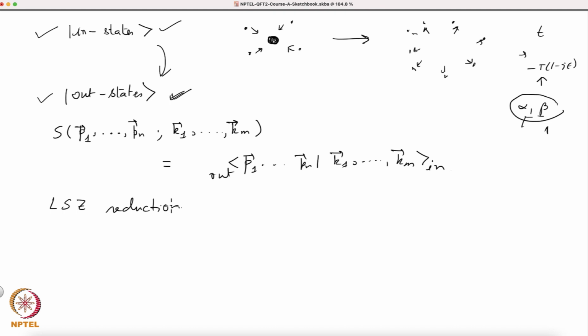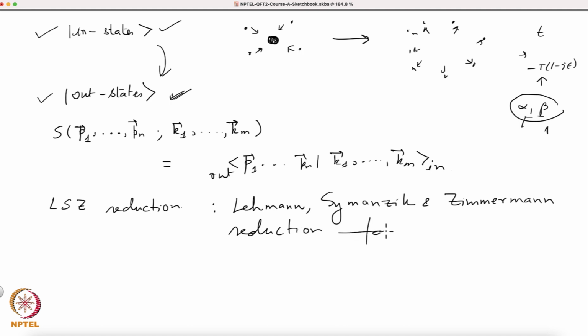I hope I am not making a mistake with the names, but this is the Lehmann, Symanzik, and Zimmermann reduction formula.